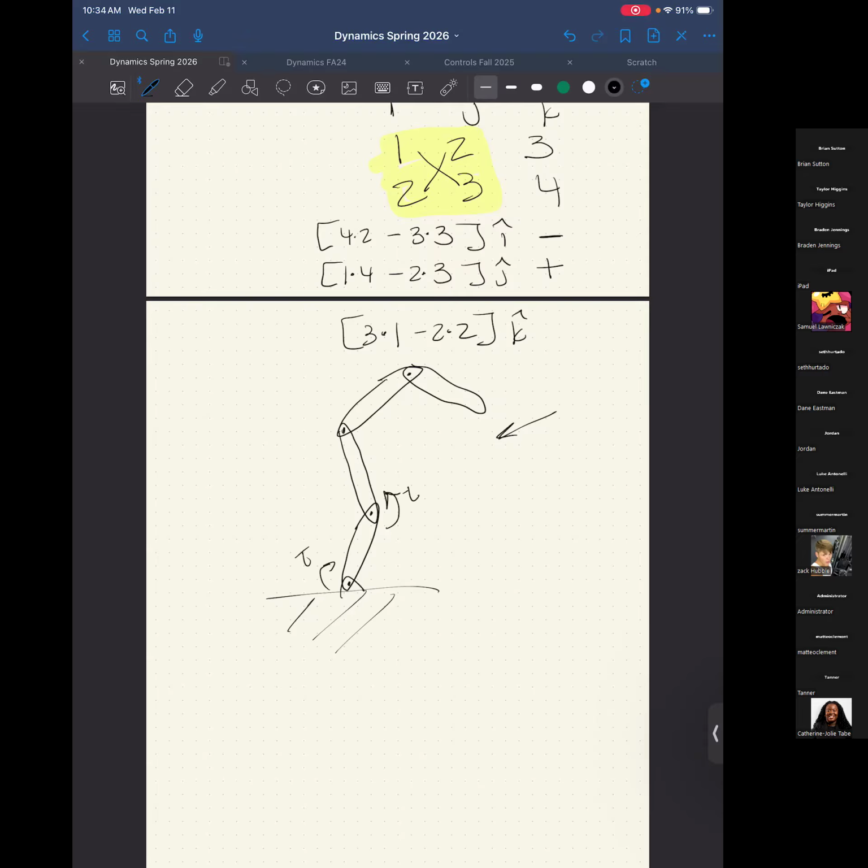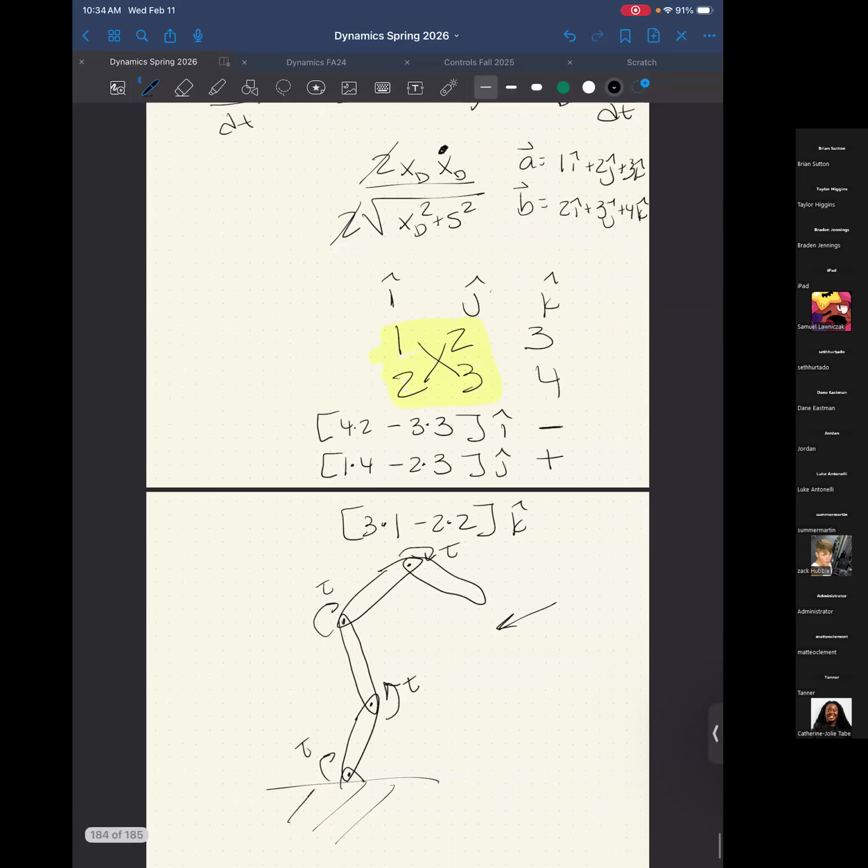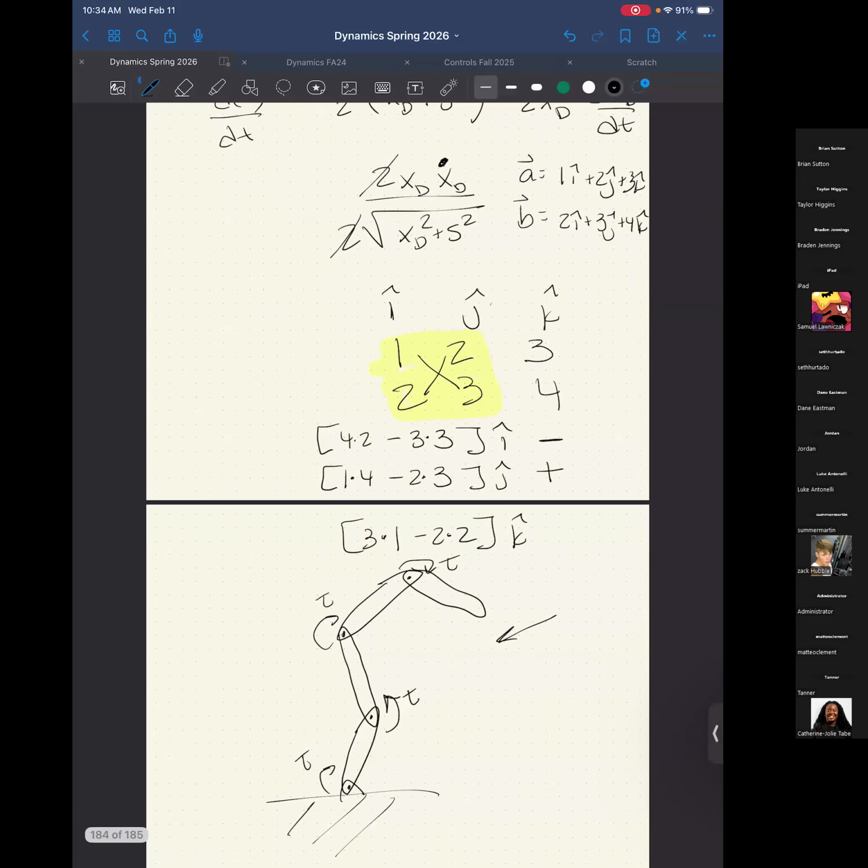There's a torque at each one of these. And the intro to robotics stuff is all about how to control one of these. So it's not just some fairy tale, when will we ever see something like that? This model forms the basis of a lot of different robots. So all this to say that you can't get away from chain rule, especially if you're interested in robotics.